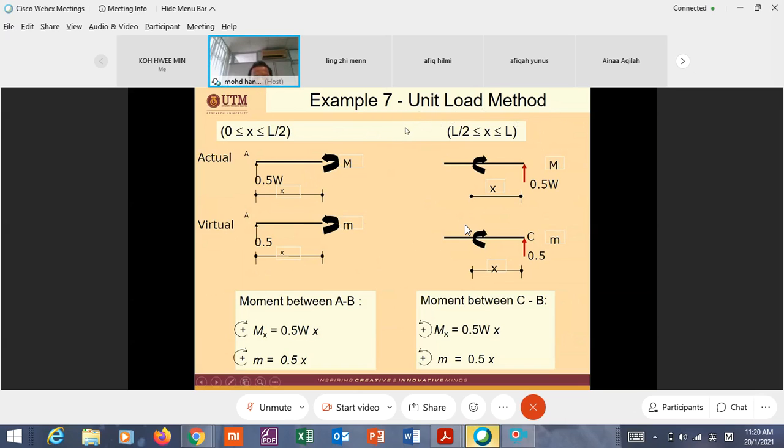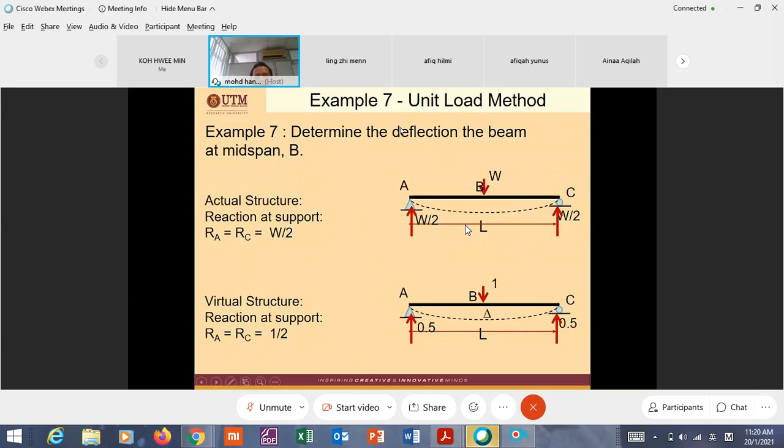Unit load method. This is not in your note. Before we go to the actual example, I introduce this basic example which I have given to you for the double integration method and also for the Macaulay method.